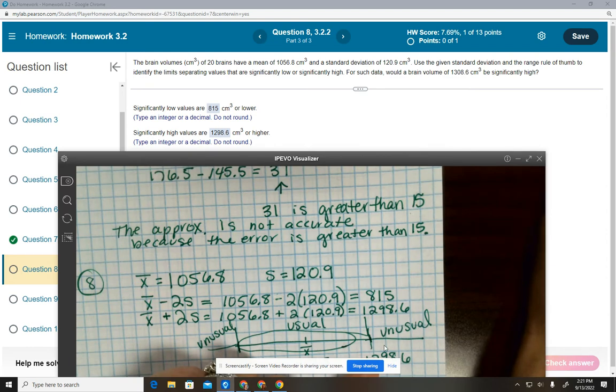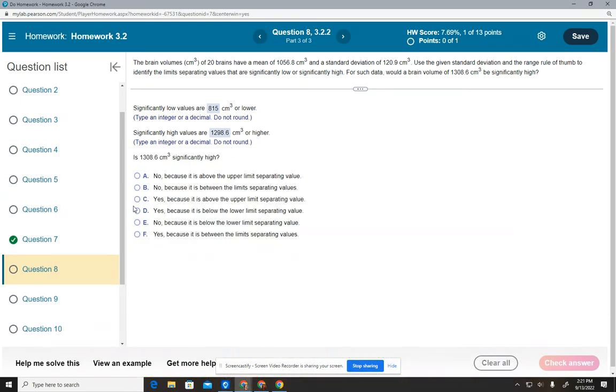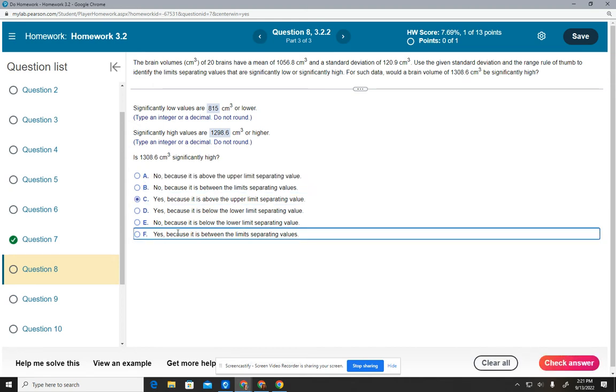So it's in our unusual area. So yes, it is, because it's above the upper. The other yes would be yes, because it's between. No, anything between them is not considered significantly high. But if it's above the upper, then yes.